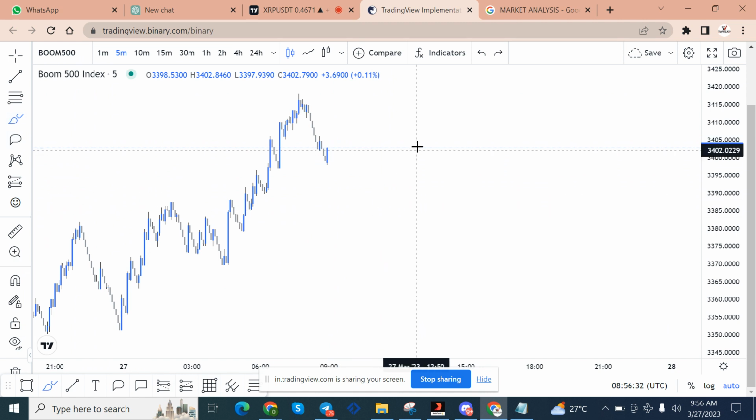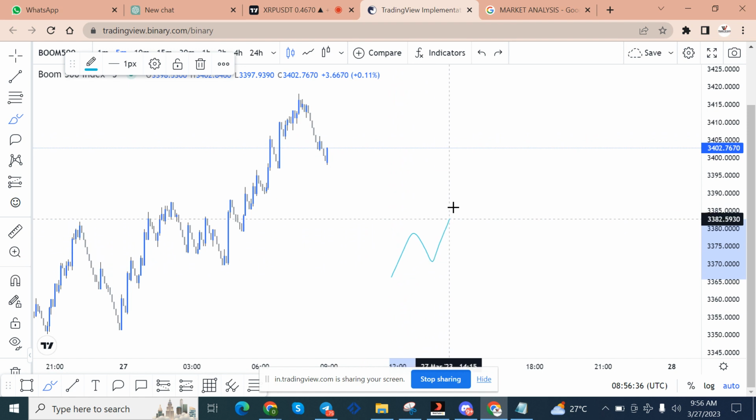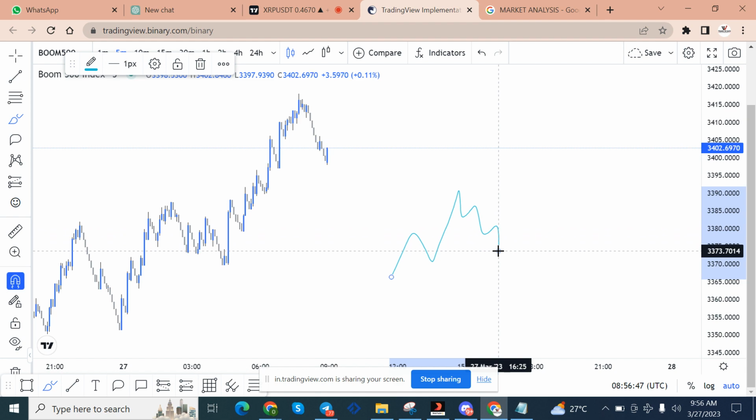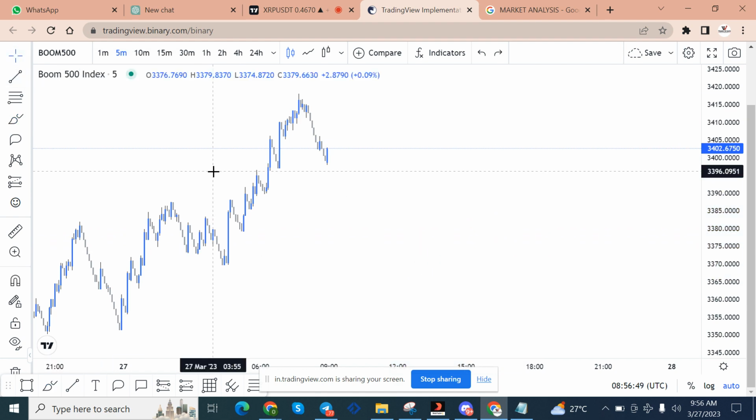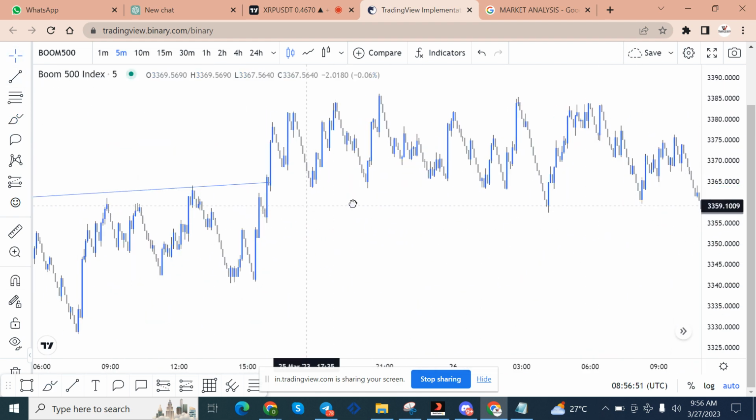Whenever you have the market making this and then doing this, I'm trying to, okay, but let me go back to the example which I just saw right now.